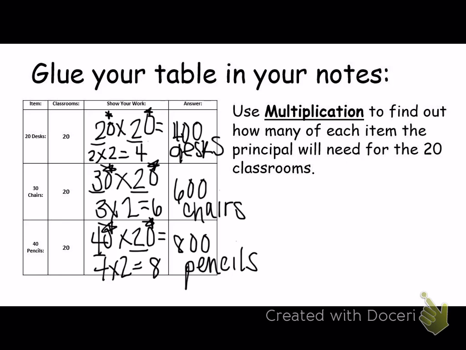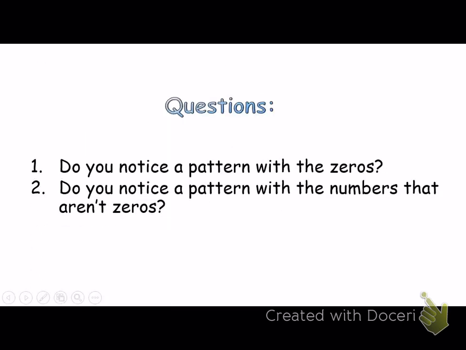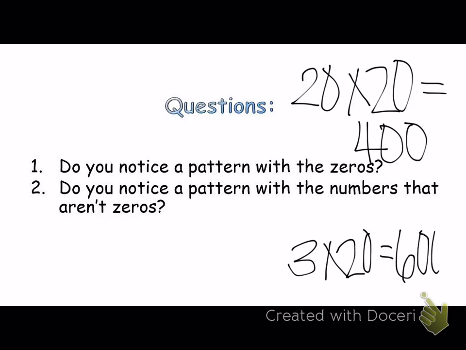It's very important to take note of your place value when you're dealing with these kinds of problems. When you're looking at this problem, do you notice a pattern with all of the zeros? I have 20 times 20, and that gave me 400. I had 30 times 20, and that gave me 600.